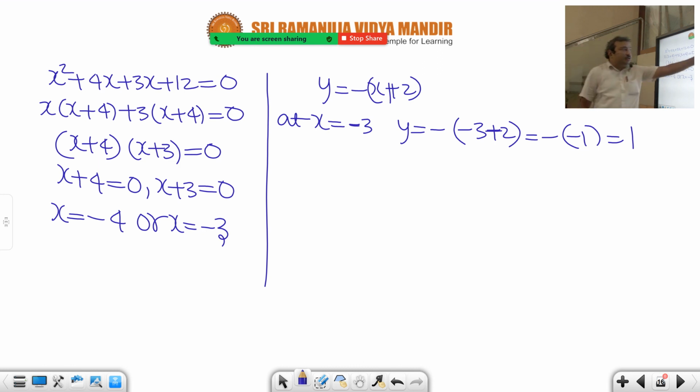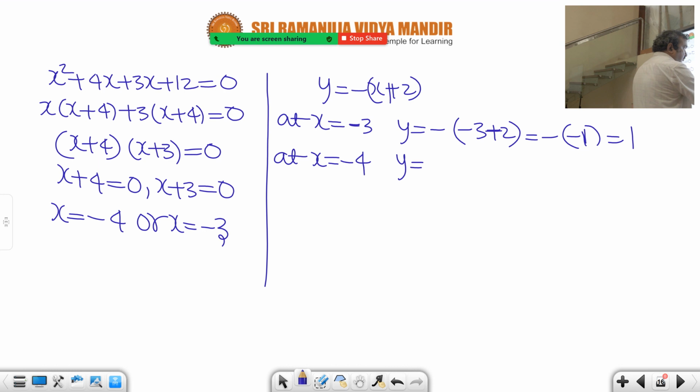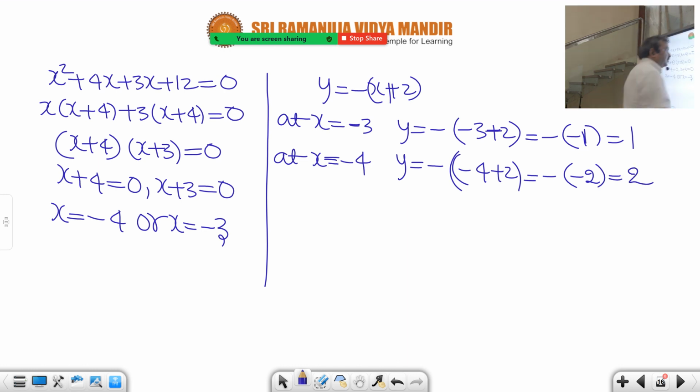So minus 3 plus 2 is minus 1, minus of minus 1 is plus 1, correct? At x is equal to minus 4, then y is equal to minus of minus 4 plus 2, correct? Minus 4 plus 2 is minus 2, right? And it is plus 2, right?